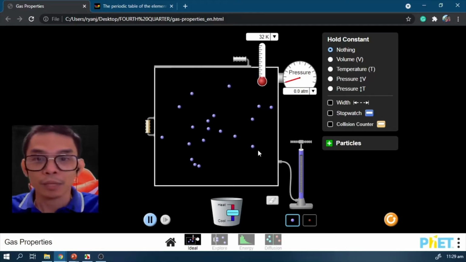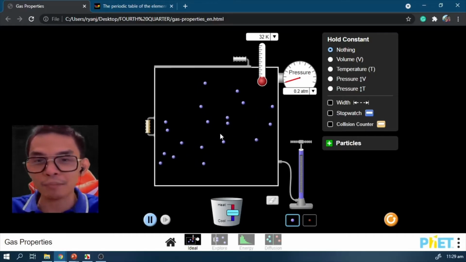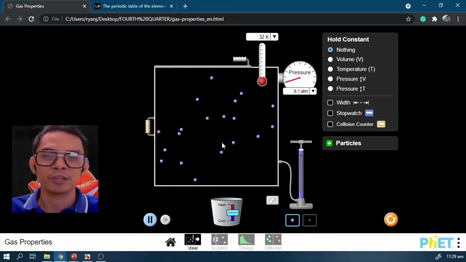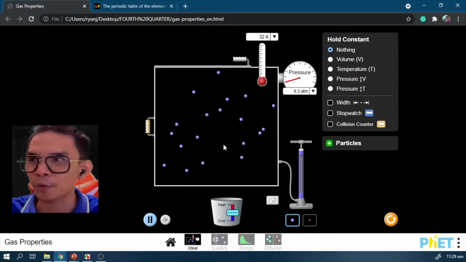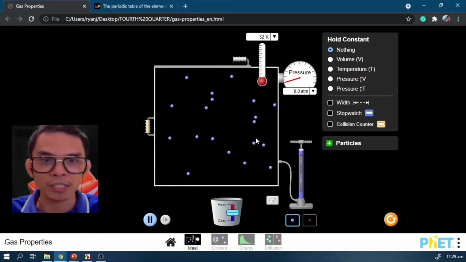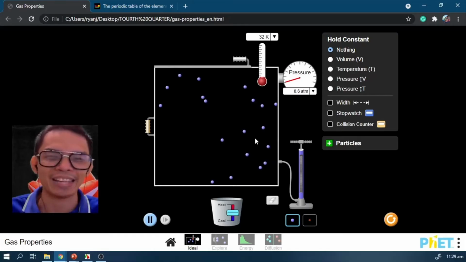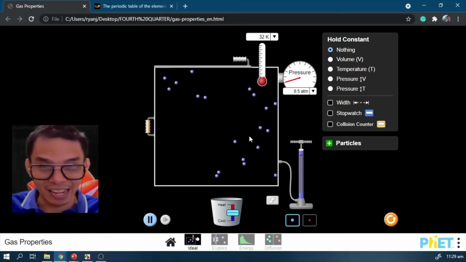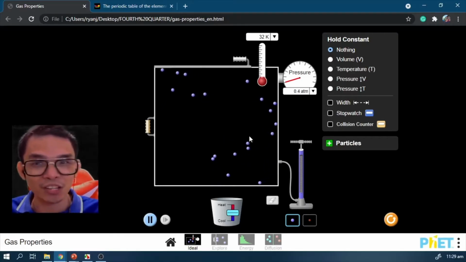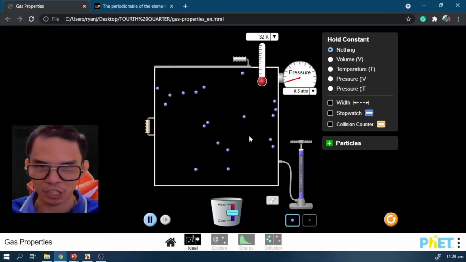So there is an attractive or repulsive force that can happen if the gas particles move slowly. You get the point? So the second deviation from ideal gas is low temperature.